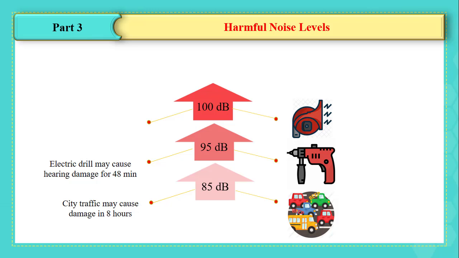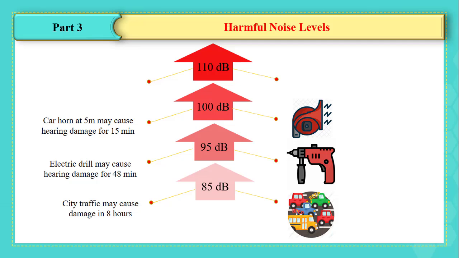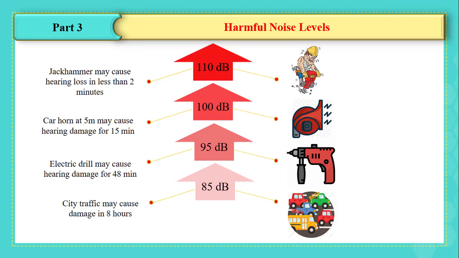And a sound of 100 decibels, like a car horn placed at 5 meters from the receiver, may cause hearing damage when exposed for 15 minutes. A sound of 110 decibels, like a jackhammer, may cause hearing loss in less than 2 minutes.